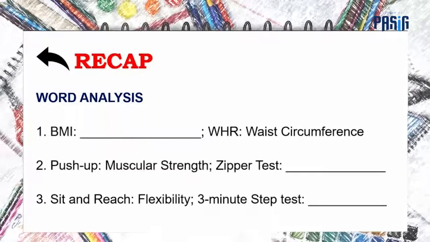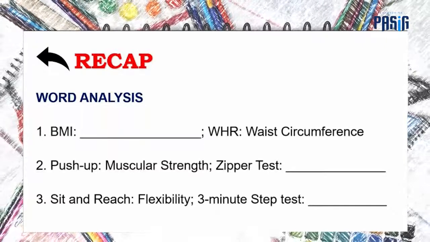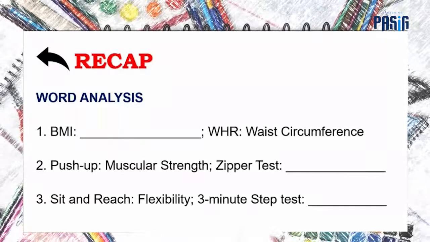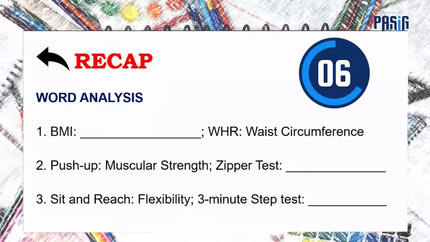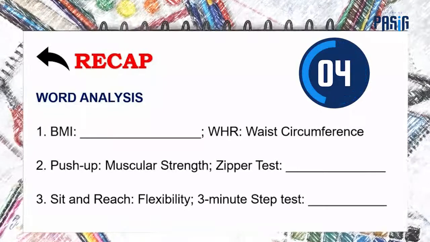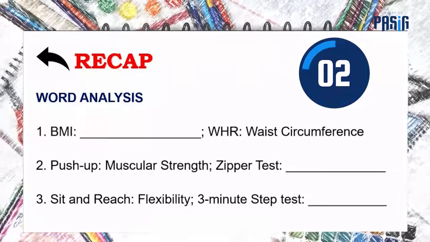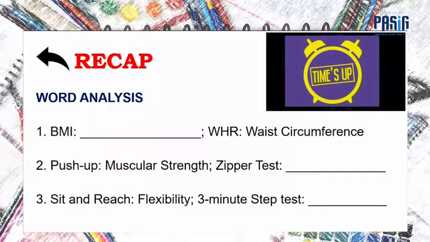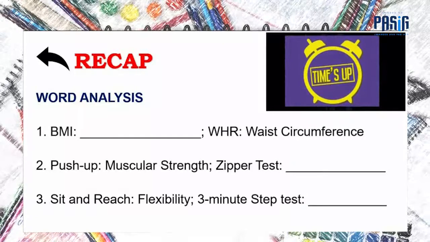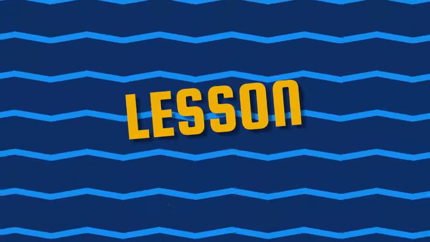You also have 10 seconds to answer this. And the timer starts now. The time is up. The answer for this word analysis will also be revealed after the lesson.